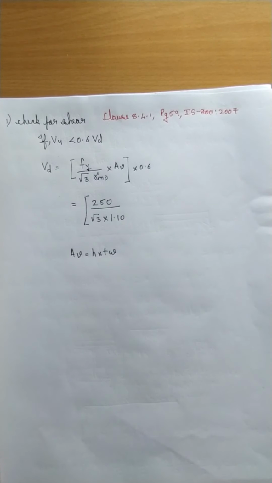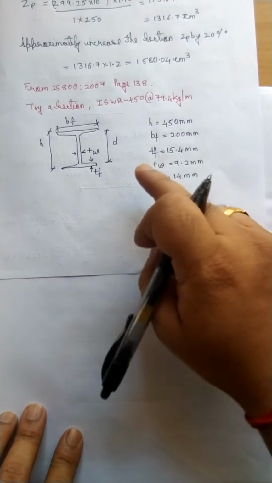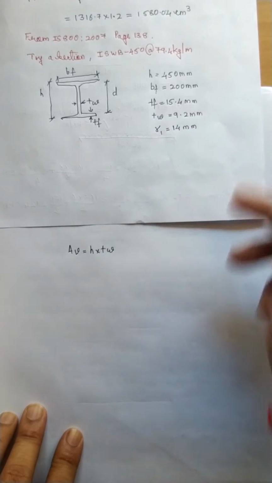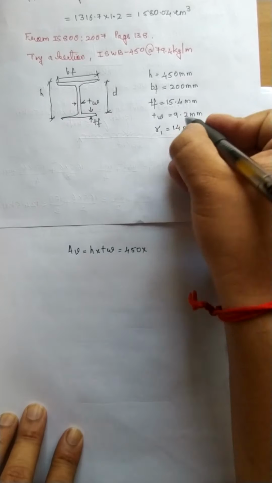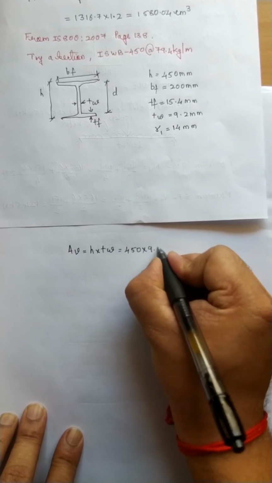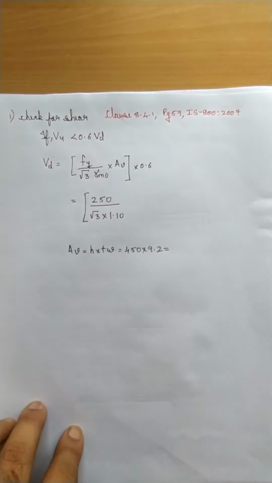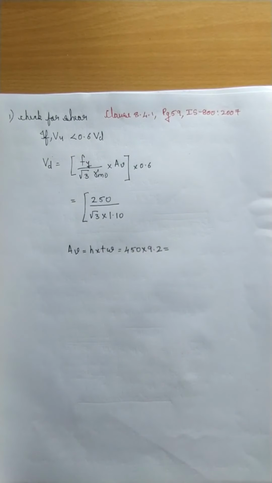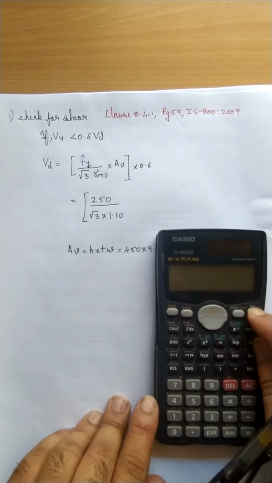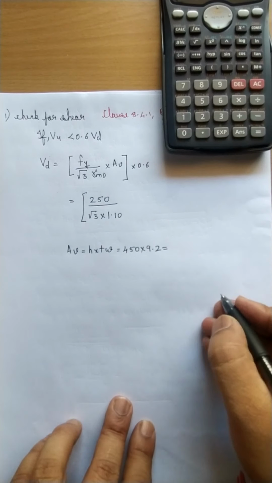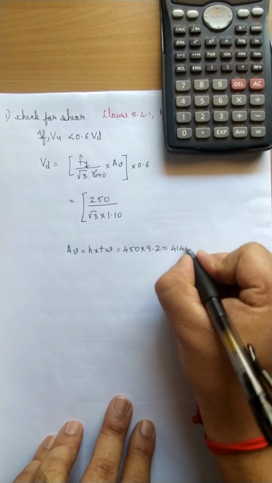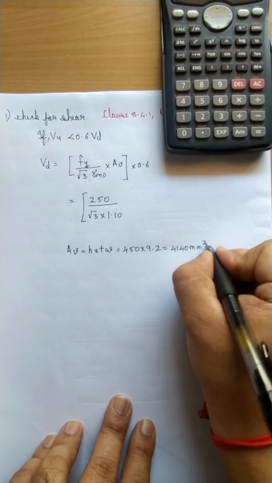So we already know the parameters for H. This is the section we have solved. So H is 450 into TW is 9.2. So let us compute. So this is 4140 mm square. So let us substitute this here.